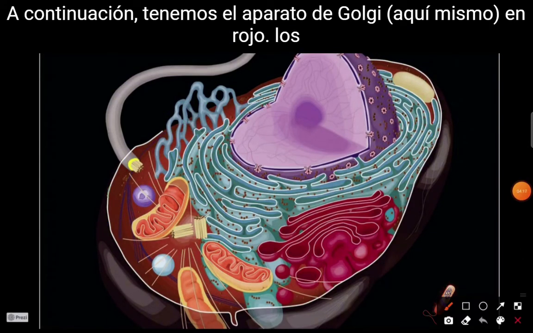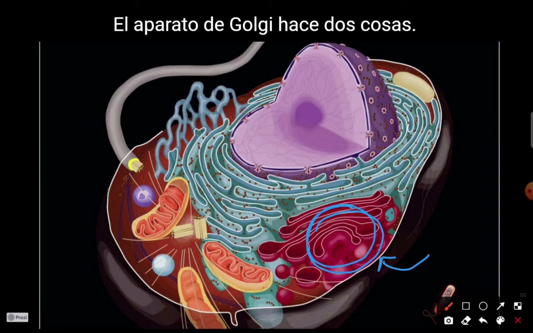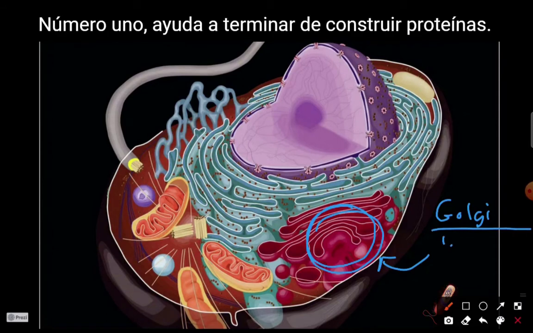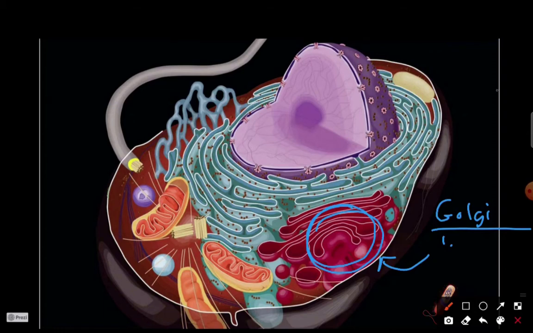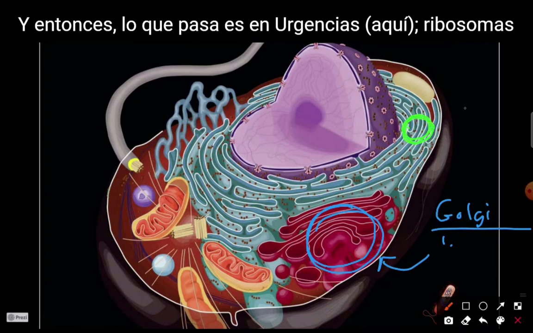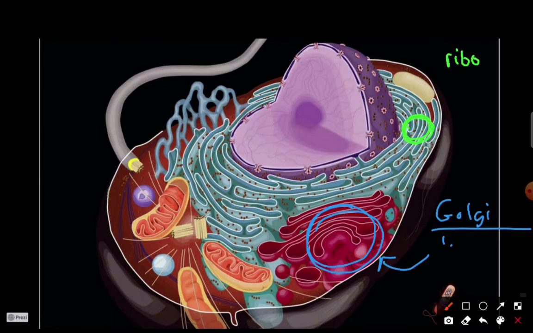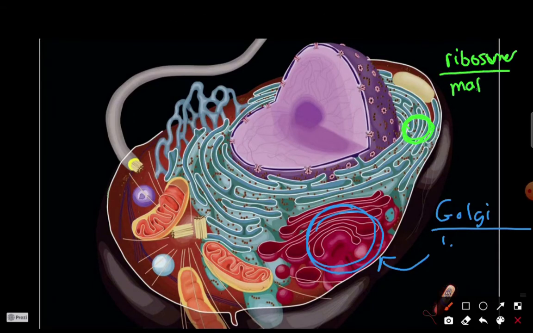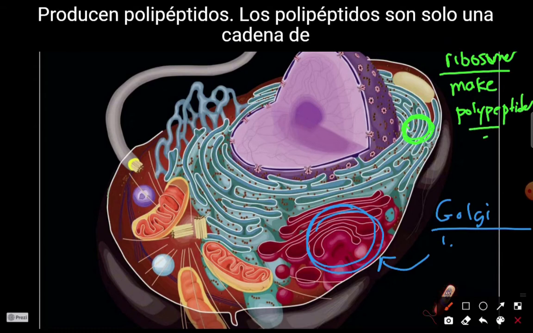Okay, next we have the Golgi apparatus right here in red. The Golgi apparatus does two things. Number one, it helps to finish building proteins. And so what happens is in the ER here, ribosomes make something that we've talked about before. They make polypeptides.